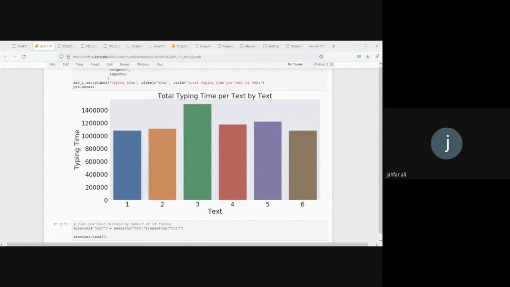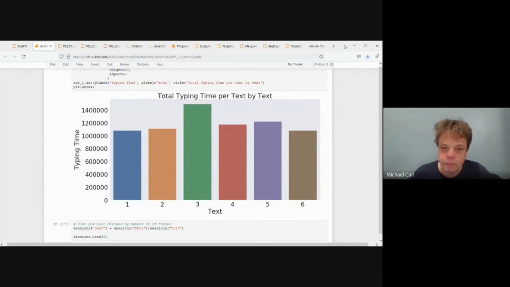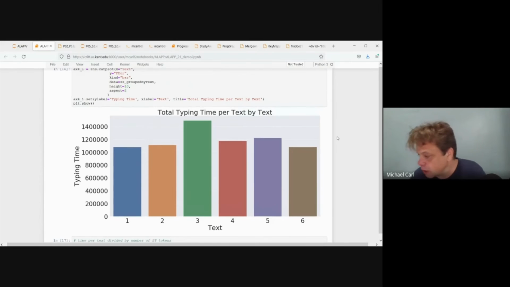I think people can log into the Jupyter Notebook and run these things, right? Well, no, you need to have an account. But if there's any question, please go ahead and ask.